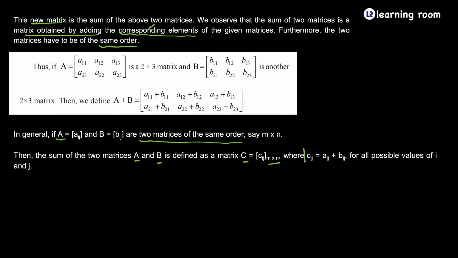This gives you the mathematical representation of elements in C in terms of A and B, for all possible values of i and j. Is the point clear? Right? So this is the mathematical definition for addition of two matrices. Just make a note of it.